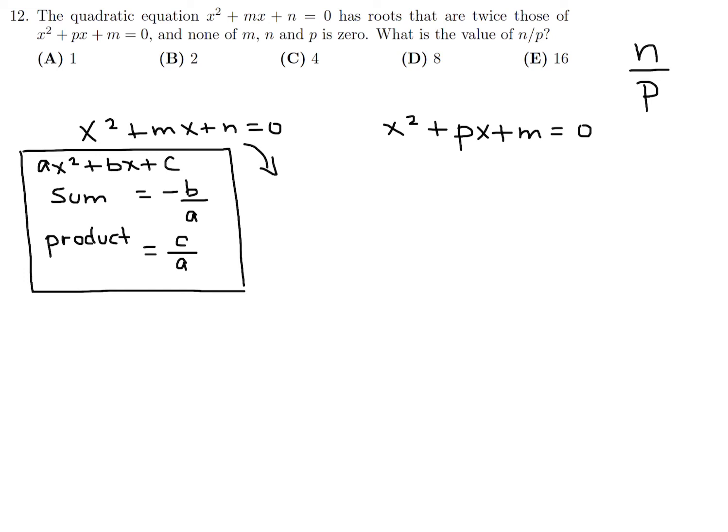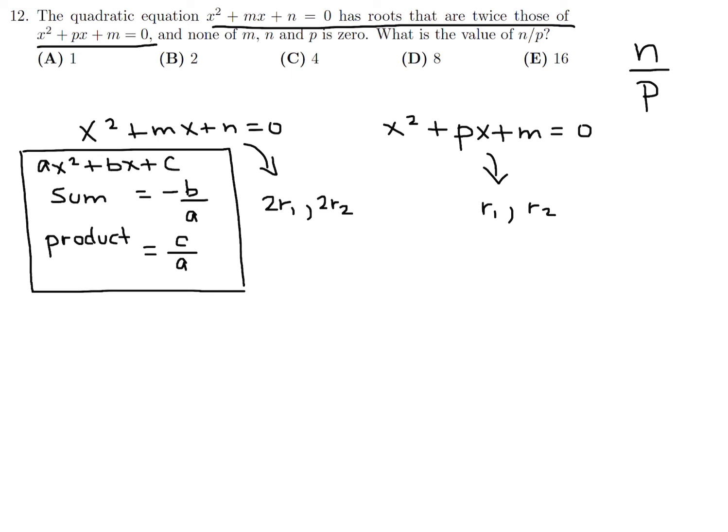For this equation, I'm going to call the roots 2r1 and 2r2. Why? Because they tell you that this has roots that are twice the roots of that equation. So this would be r1 and r2, the roots. I'm getting that directly from the question stem.